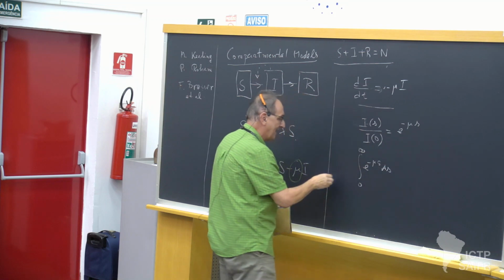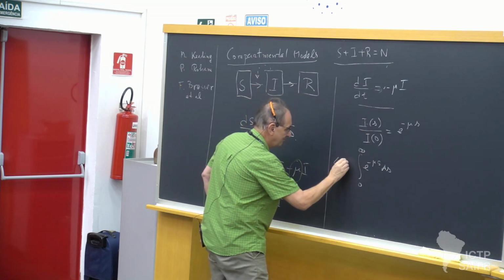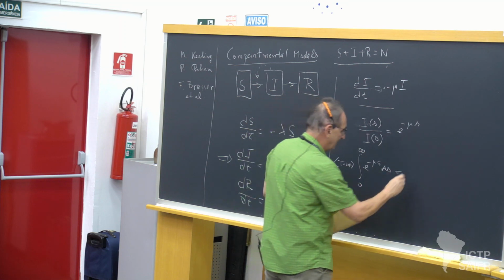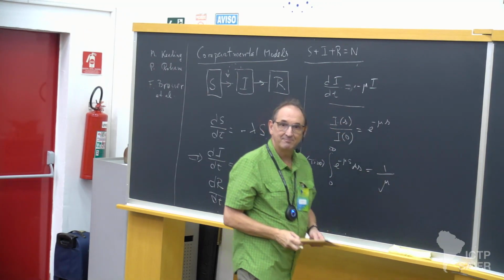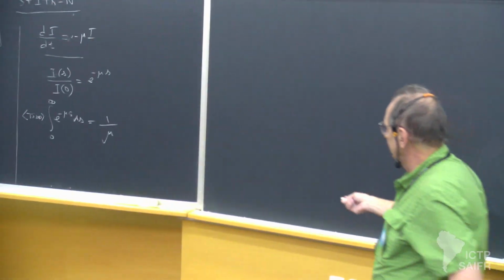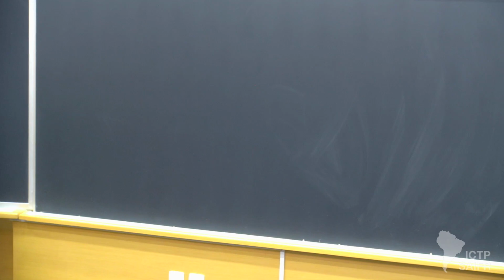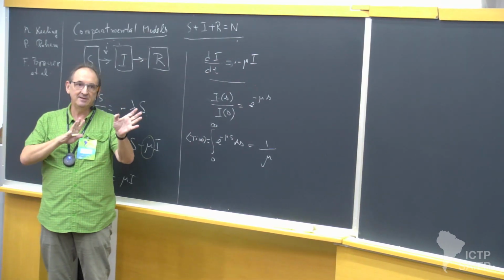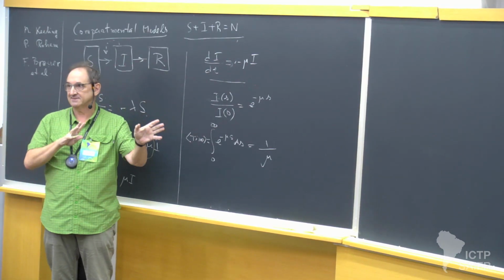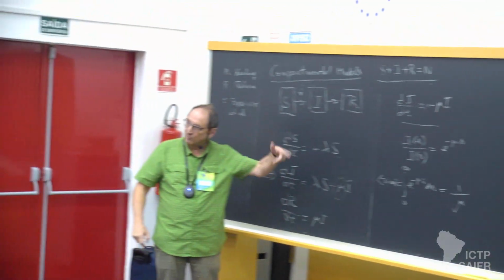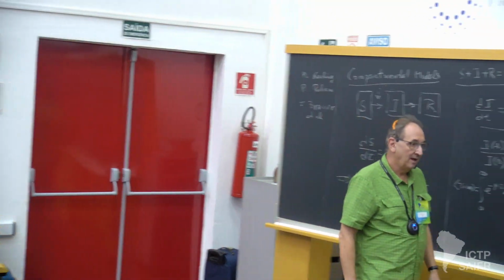So this is the mean time, which will be equal to 1 over mu. Okay? Therefore, 1 over mu is the mean time that an individual stays in the infective class. Okay? 1 over mu. Therefore, this is 1 over the infected period.